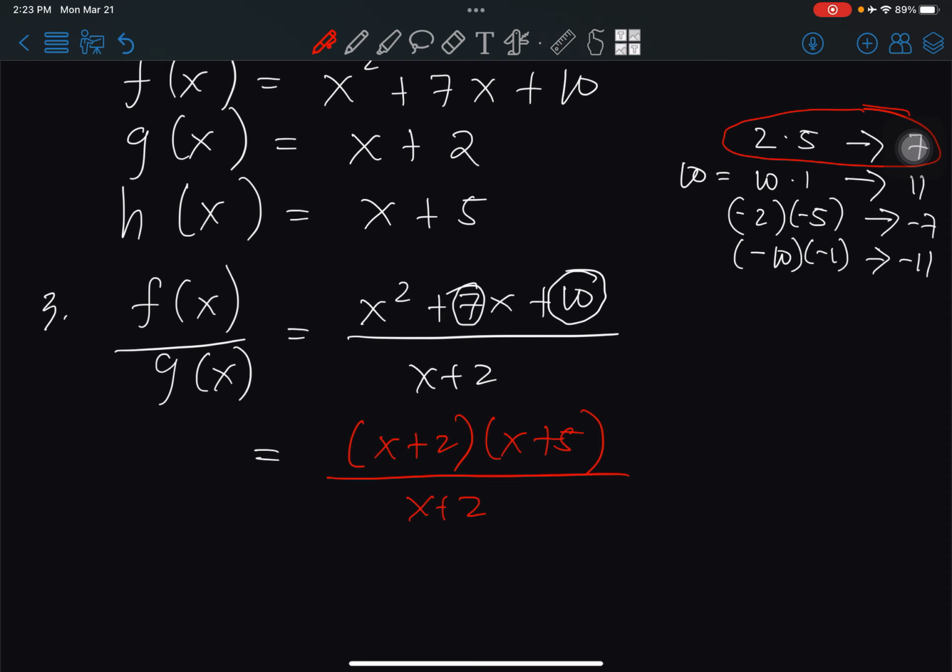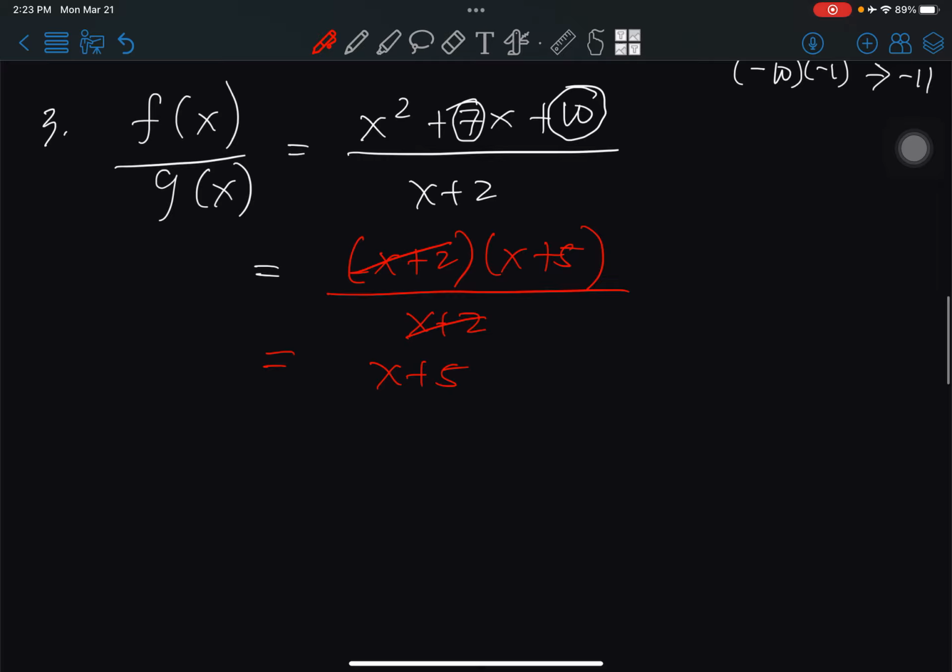To cancel out, you just have to remove the binomial which is common, meaning you can see it in your numerator and in your denominator. So we have x plus 2. Therefore, the answer here is just x plus 5. Okay?